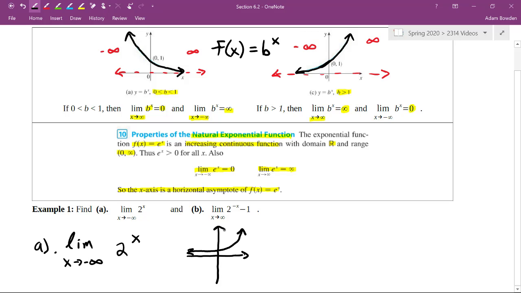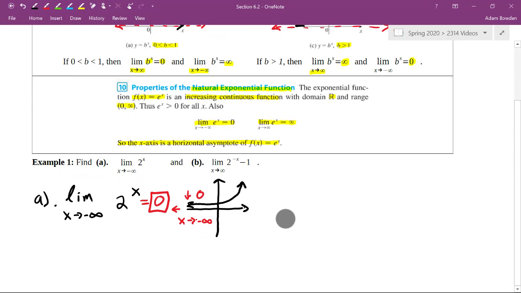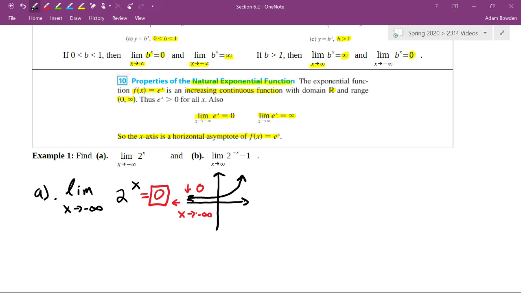In this case we are looking as x goes to negative infinity, so it's going off this direction. The graph of the function is going to get closer to 0. It's just going to get smaller and smaller, approaching 0. So that would be what the limit is equal to. The limit as x approaches negative infinity of 2 to the x is equal to 0.